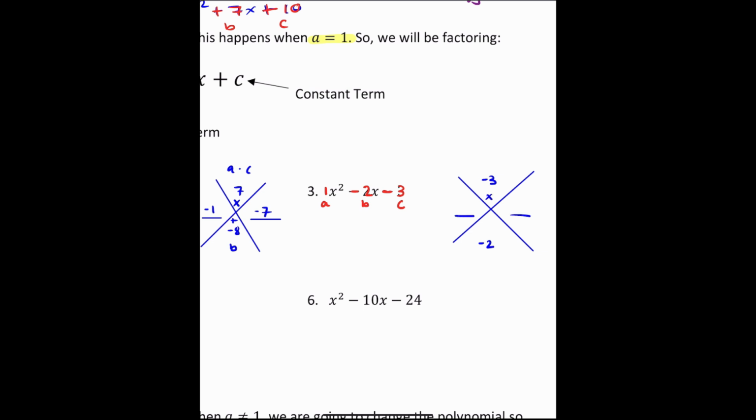So we'll think of the two numbers that multiply together to give you negative 3, but add up to negative 2. So I'm thinking negative 3 and 1. So negative 3 times 1, of course, is negative 3. But if you add these two values together, negative 3 plus 1, that's negative 2. So x minus 3 times x plus 1.